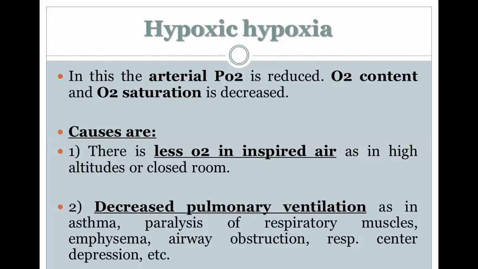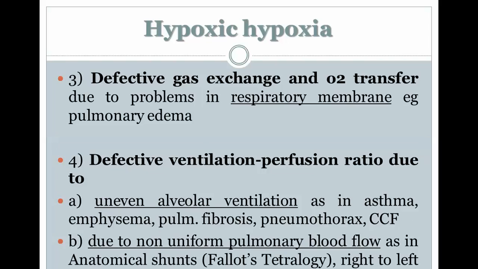The alveolar inspired air decreases, so the gradient decreased and the PO2 decreased. But the gradient between the alveolar and the arterial is normal. Both are decreased. Here, with defective gas exchange, the alveolar air pressure will be normal, but the arterial will be low, so the gradient will be high.